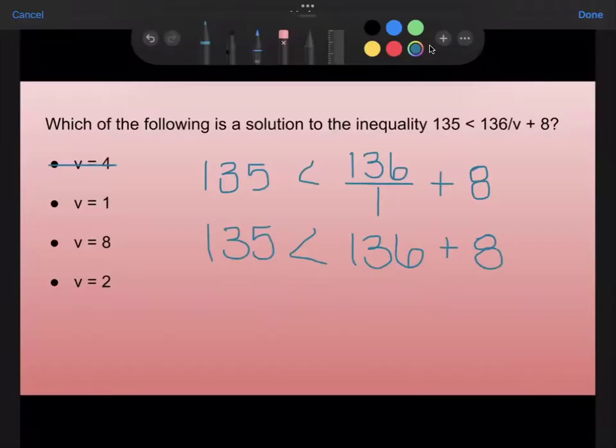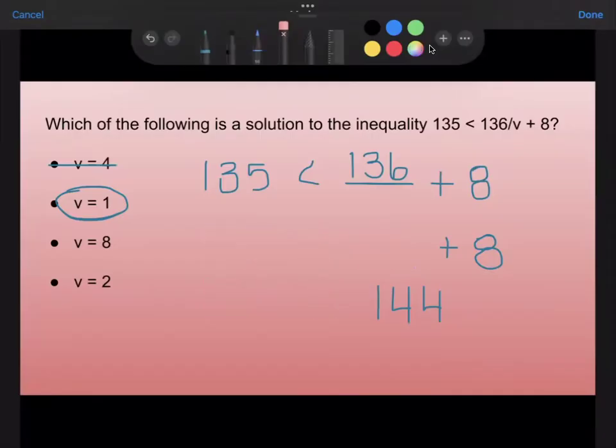Now I can add together 136 plus 8, and that would give me 144. So 144 here, less than here, and 135. The statement that I have is that 135 is less than 144. That is true. So V could be equal to 1. That is a possible solution.